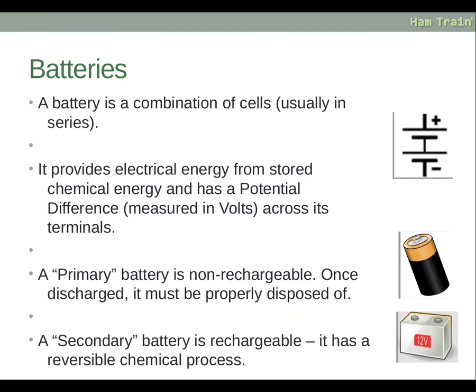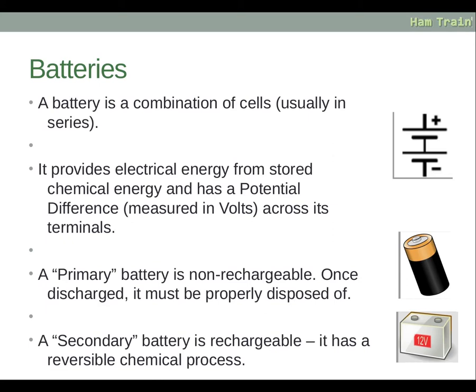Next, we're going to talk about batteries. A battery is a combination of cells, usually in series, which means end to end. This provides electrical energy from stored chemical energy and has a potential difference or voltage, which is measured in volts, across its terminals.